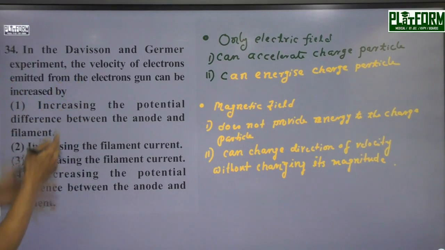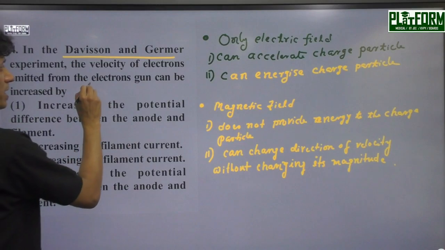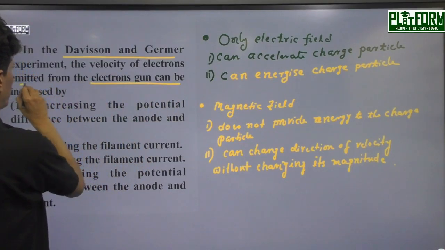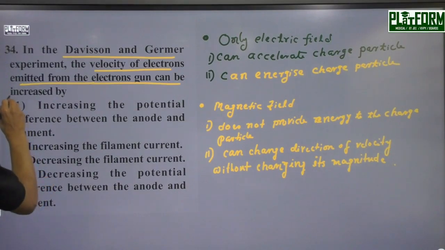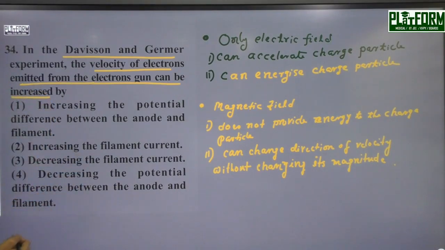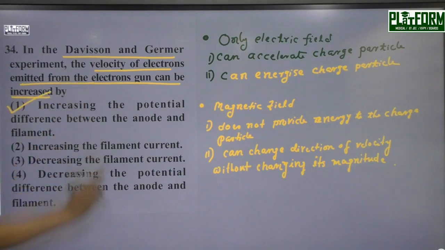So to increase the velocity of electrons from the electron gun, increase the potential difference between anode and filament, that is, the potential difference of an electric field. So the right option is 1.